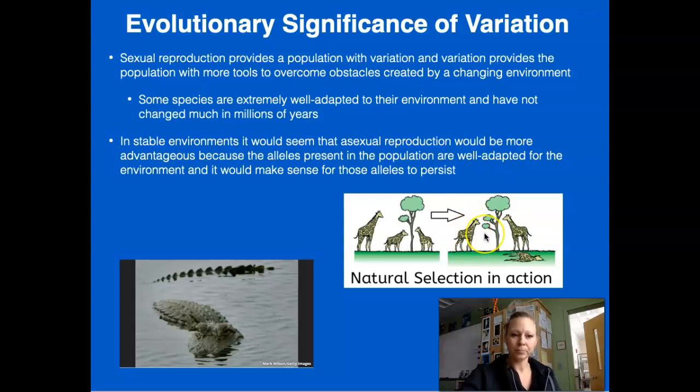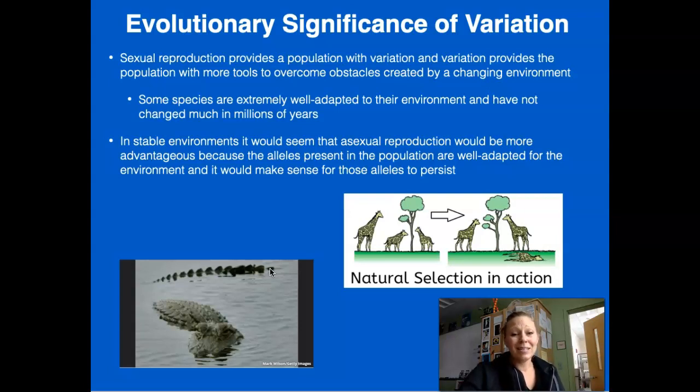And if we look at some organisms that remain in stable environments, like the alligator or the crocodile, they haven't changed in many generations because they're very well adapted to their environment, and their environment is stable. So there's no need for them to overcome changes in their environment.